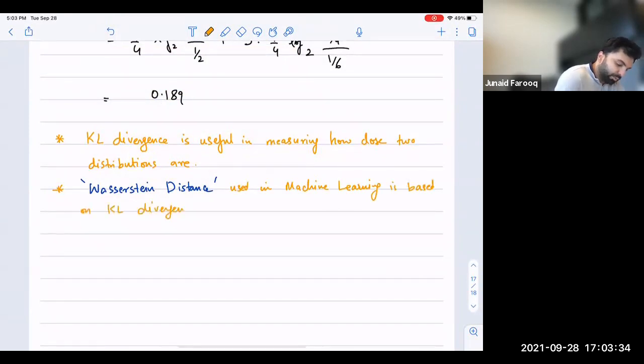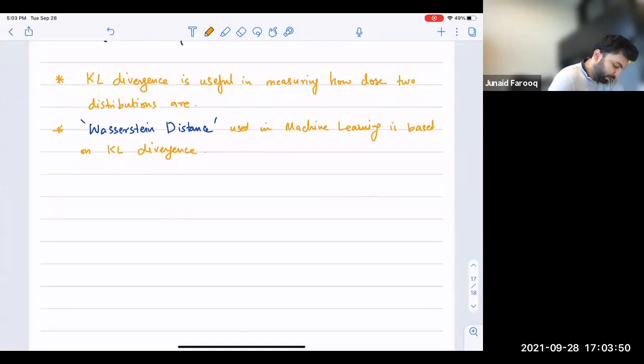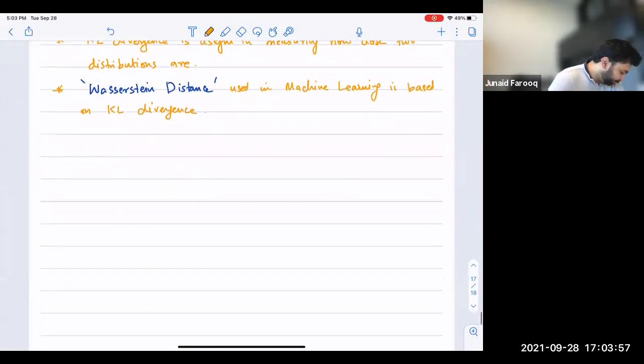And the whole goal is we try to make sure that two distributions are as close as possible to each other. And therefore we make it a loss function and then try to minimize it when we do the iterations. So these are all useful measures in information theory and other fields.